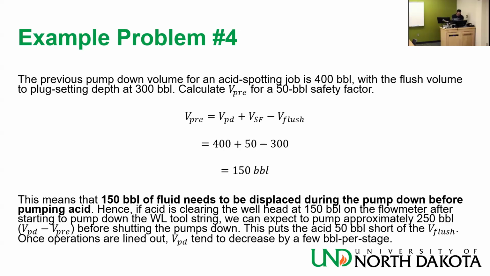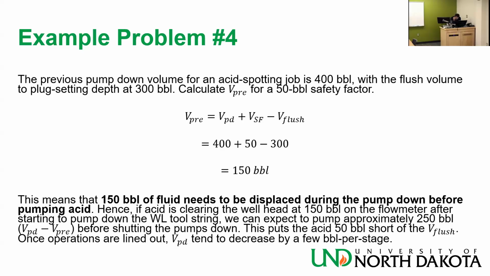Hence, if acid is clearing the well ahead at 150 barrels on the flow meter after starting to pump down the wireline tool string, we can expect to pump approximately 250 barrels, VPD minus the pre-flush, before shutting the pumps down.